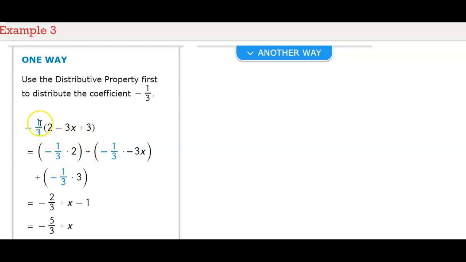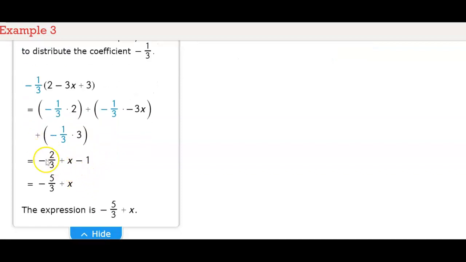So it's negative 1/3 times 2, negative 1/3 times the negative 3x, and negative 1/3 times the 3. And then when you multiply each of those, you get negative 2/3 plus x minus 1. And then for your final expanded expression, you have to combine the negative 2/3 and the negative 1. You get negative 5/3 plus the x, and that is your final expanded expression.